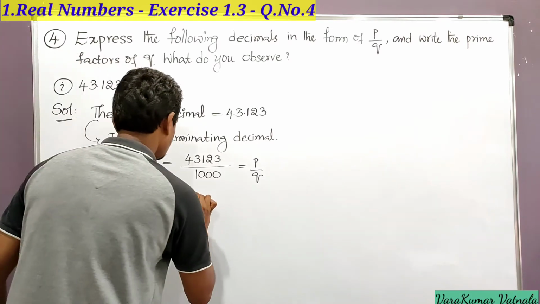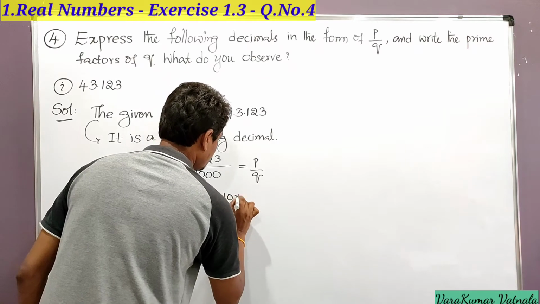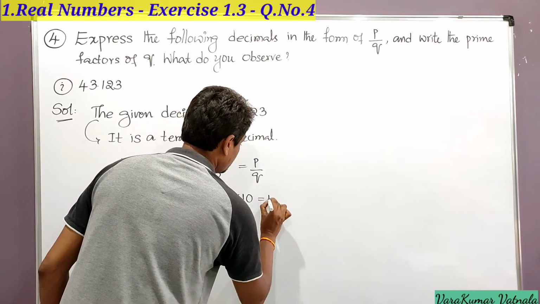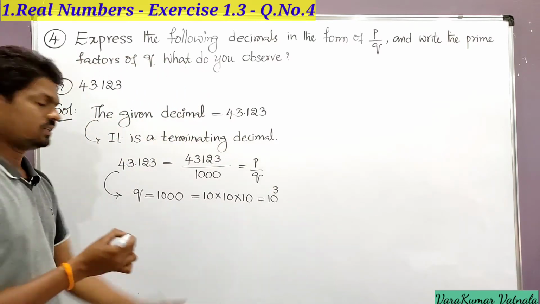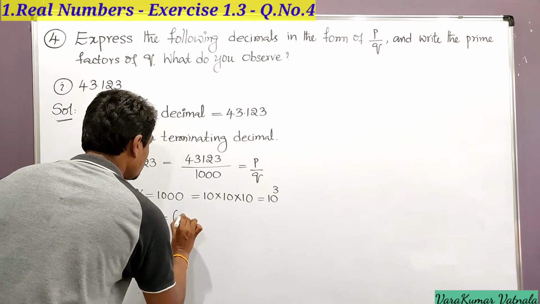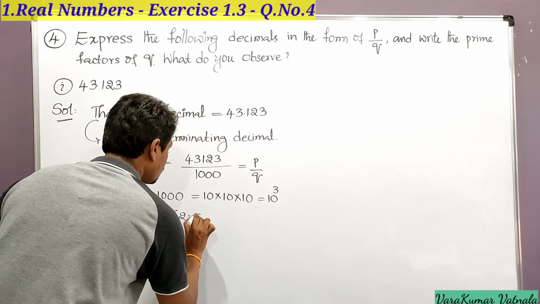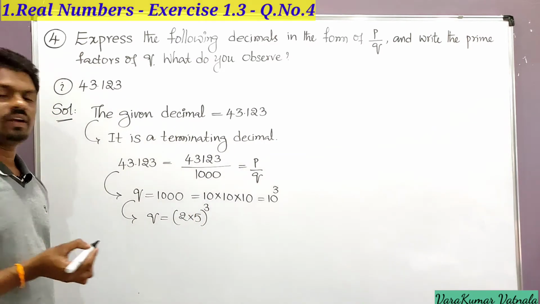So this 1000 can be written as 10 into 10 into 10, that is 10 to the power 3. So how many tens are there? 3 tens. Therefore we can write q is equal to, 10 can be written as 2 into 5, whole to the power 3. So these are the prime factors.